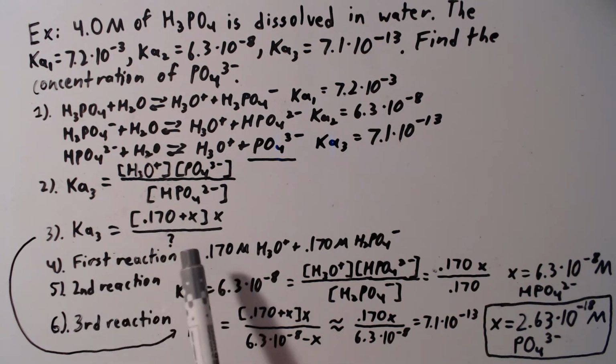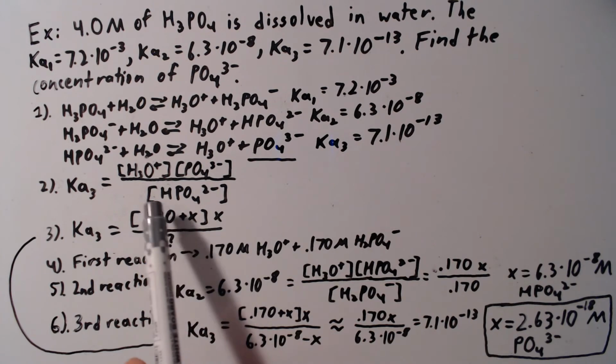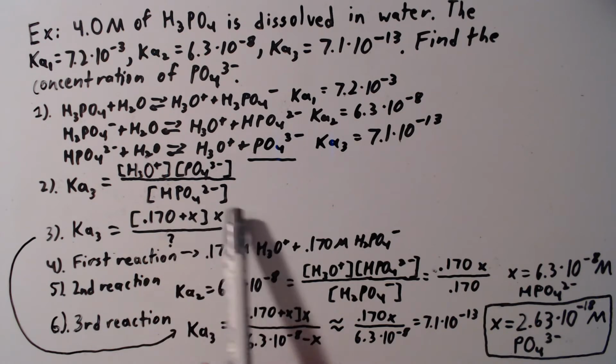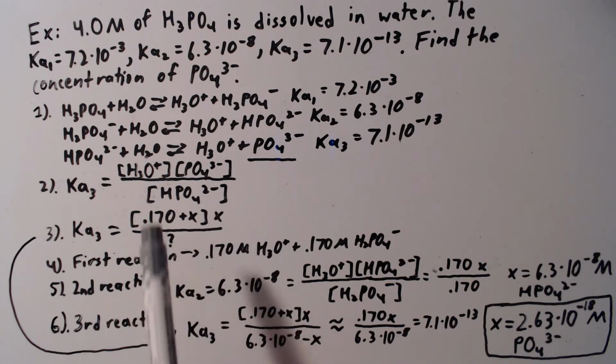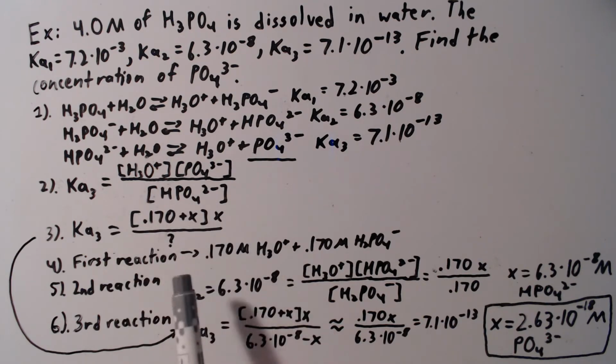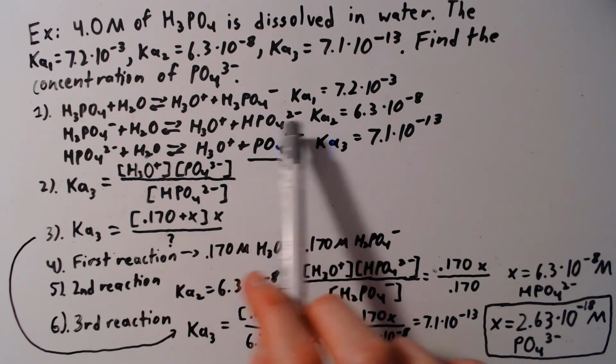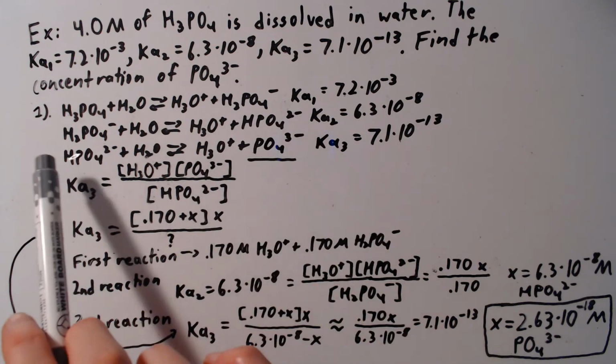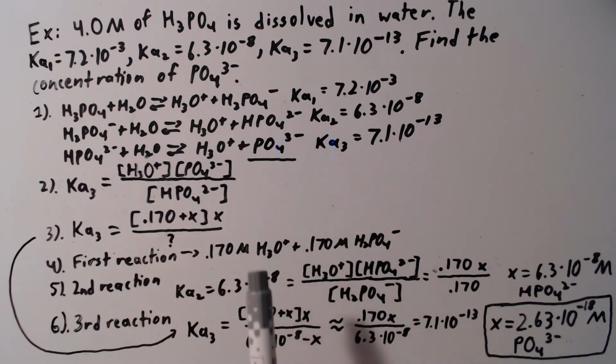The problem is, though, we do not know the initial concentration of HPO4 2-, and we need that to figure out the concentration of PO4 3-. So how do we obtain this concentration of HPO4 2- that was produced by the second reaction and will be used up in the third reaction?